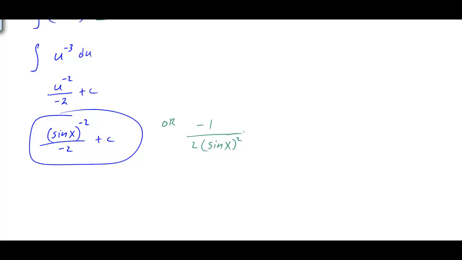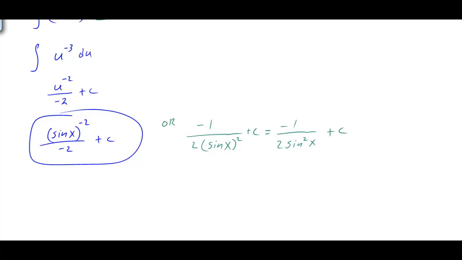Okay, now keep in mind as well with this squared, we could write it as negative 1 over 2 sine squared x, and of course plus c for both of these. We'd still have our plus constant here. But notice you can write this sine of x in parentheses with the square on the outside, or the shorthand, we could write this as 2 sine squared x. Both of those would be the same, and either one would be acceptable.